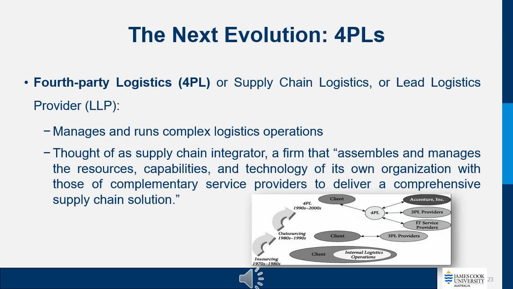Fourth party logistics, also known as supply chain logistics or lead logistics provider, is a concept in logistics management where a single entity takes on the responsibility of managing and running complex logistics operations on behalf of a client company. 4PL providers act as supply chain integrators, serving as a central point of contact and coordination for various logistic activities and service providers involved in the supply chain.